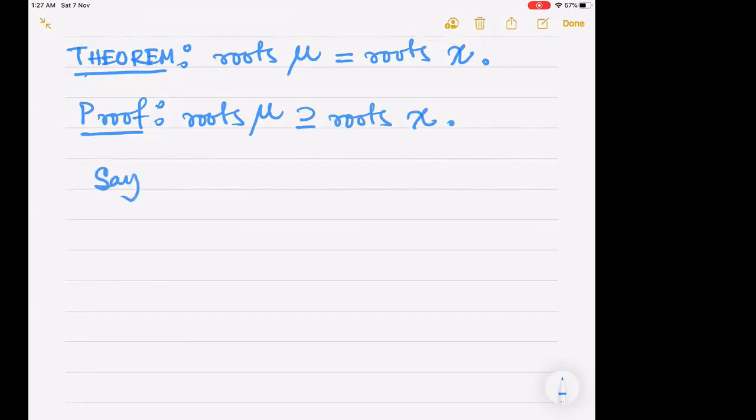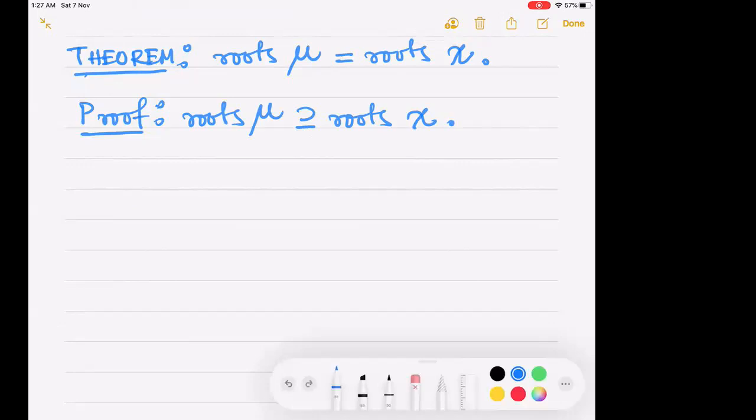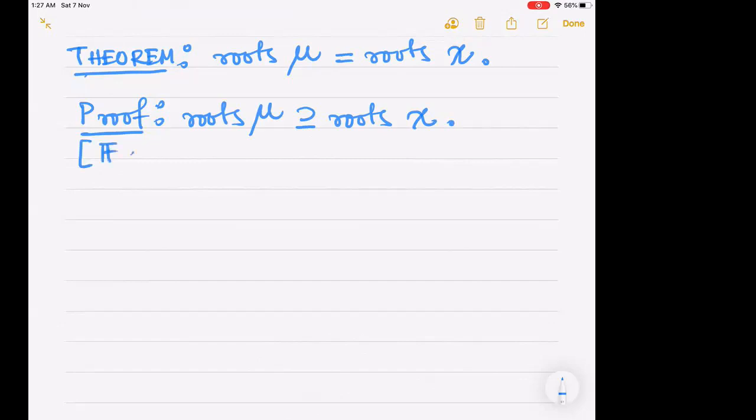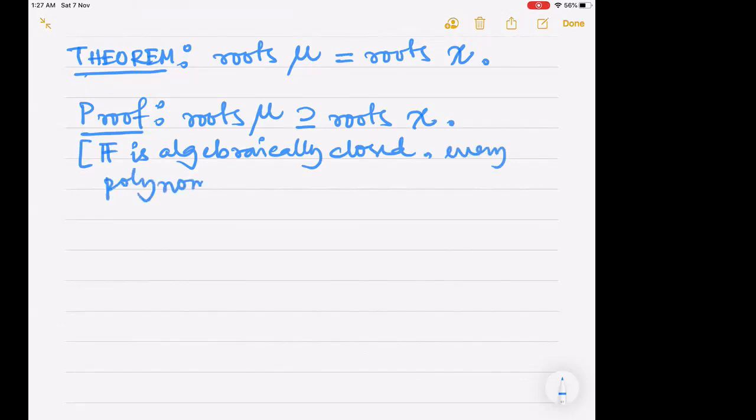Now here, for the benefit of our calculations, we are going to assume that everything is happening over F, where F is algebraically closed. What does that mean? That every polynomial factorizes into linear factors.